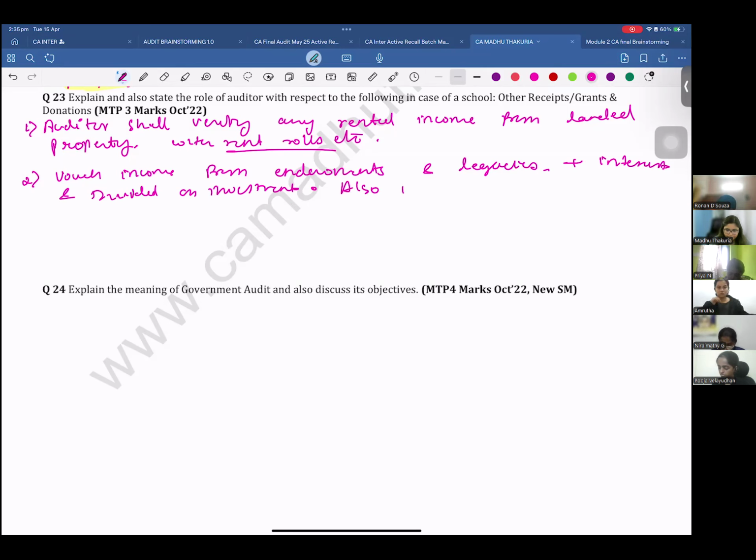Also, inspect the securities in which the investment is held.